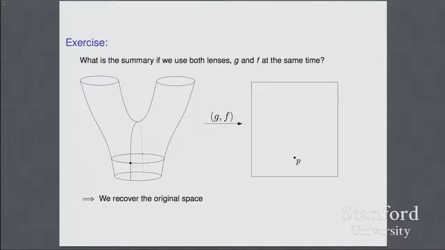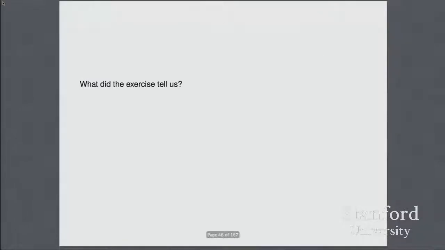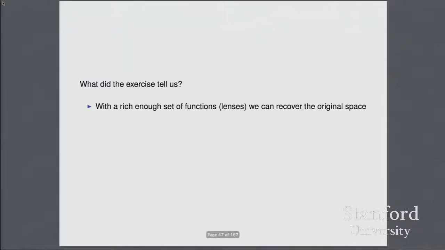That's great. That says that we don't have to lose information. This topological summary doesn't have to lose information. We can recover the space itself. So with a rich set of functions, lenses, we recover the original space with this procedure. Well, that's kind of a non-starter.